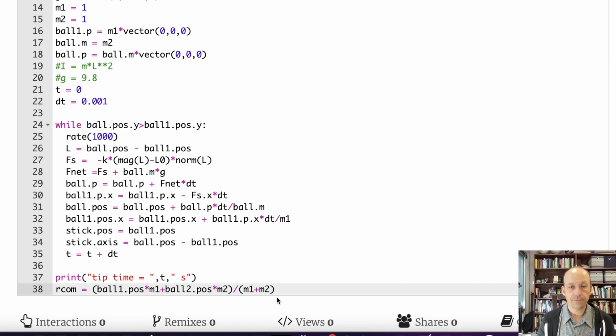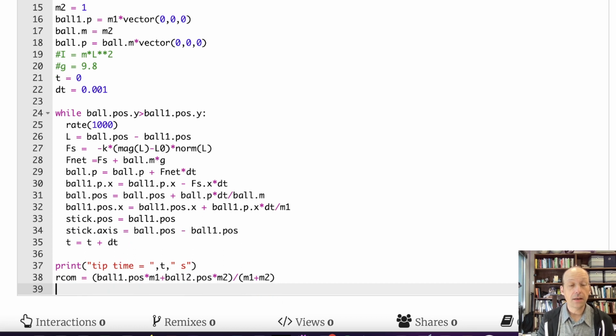And let's print that. At the end, it should be the same as before. That's the center mass, rcom, and it'd be technically in meters.